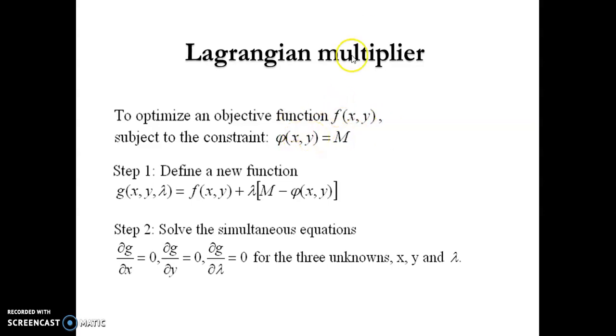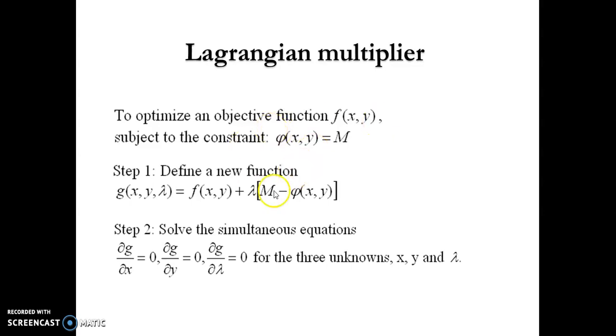Then of course the sign here would change, and then you're going to multiply that by some scalar called lambda, this Greek letter lambda. You're going to multiply it by that scalar lambda, and that is in fact your Lagrange multiplier.